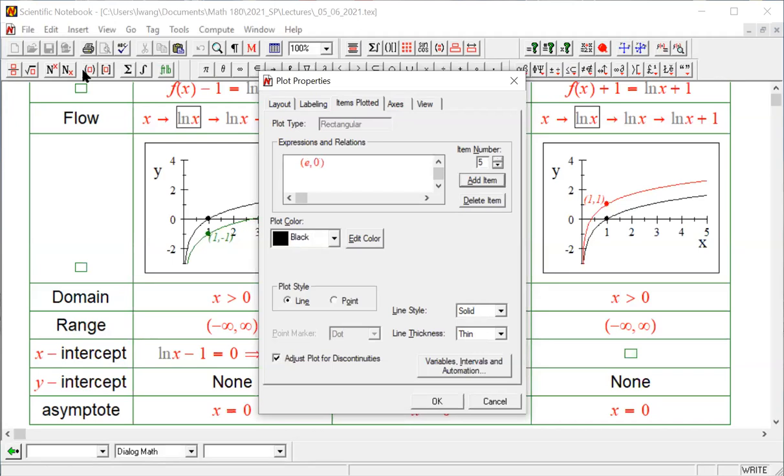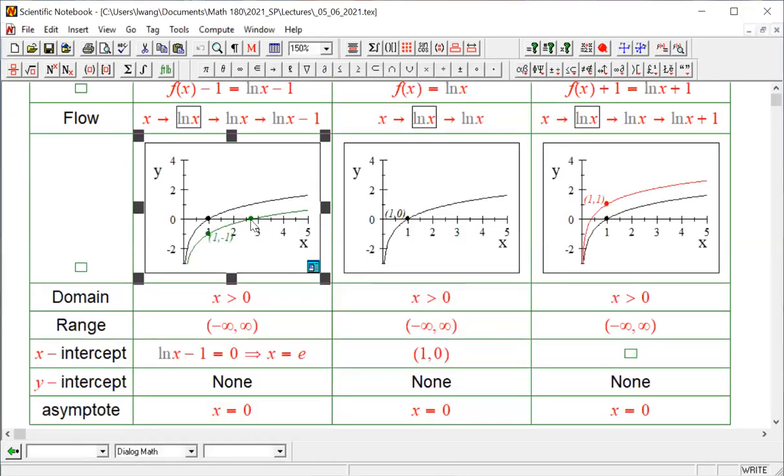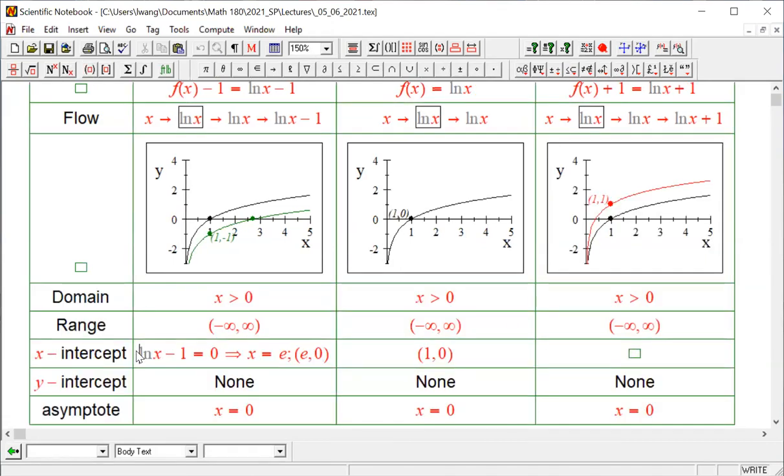So it's no longer 2 comma 0, right? This point is e comma 0. Can you mark that? e comma 0.